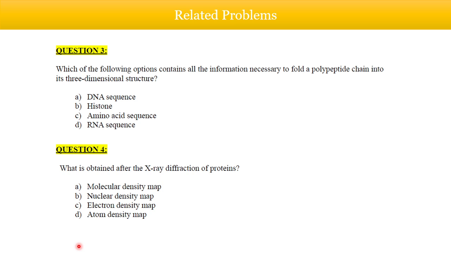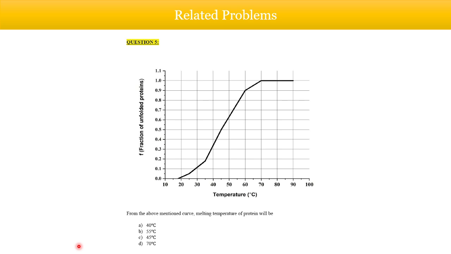So from X-ray the end product is basically the electron density map. Looking at the repeating pattern of these electrons arranged in space, you can tell about the structure of the protein. So the electron density map is correct over here.